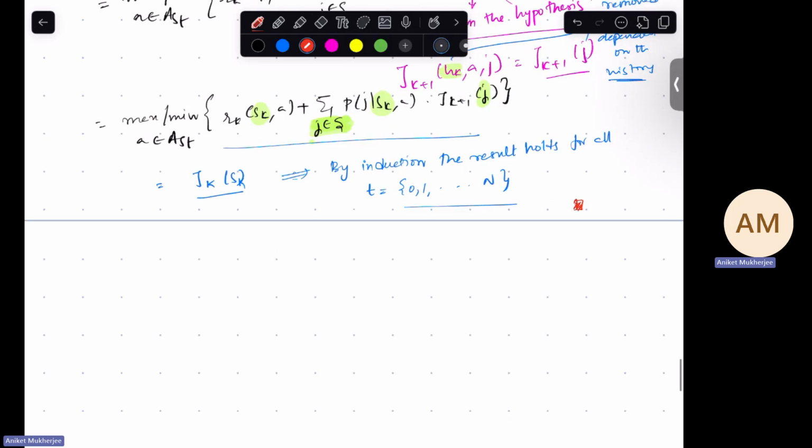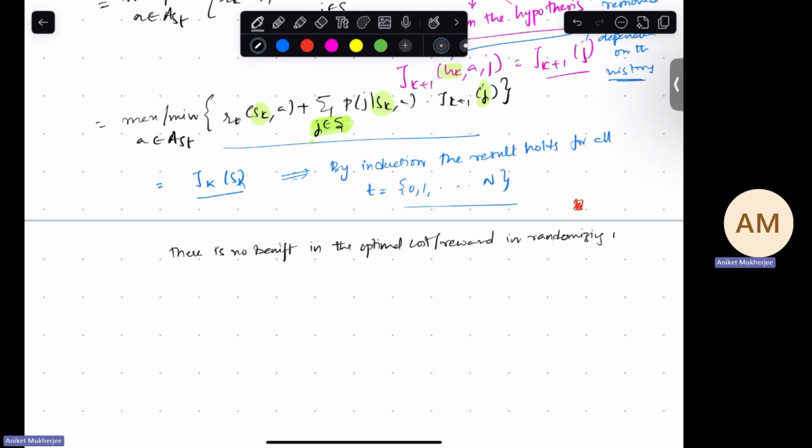And what we get from here is there is no benefit in the optimal cost or reward in randomizing your policy.